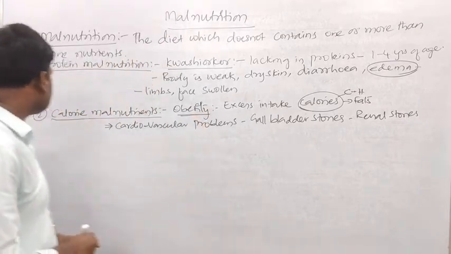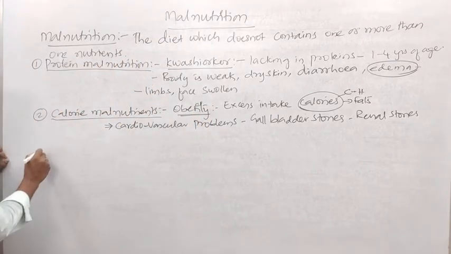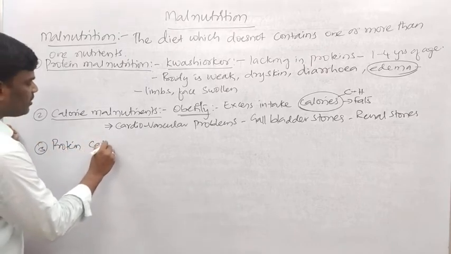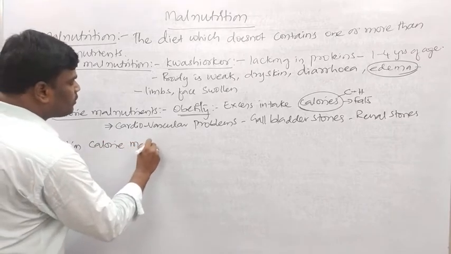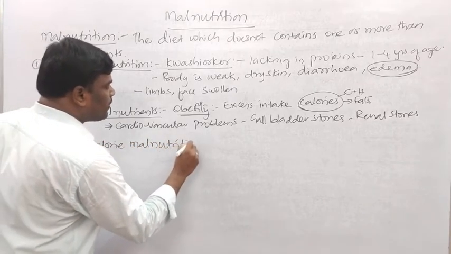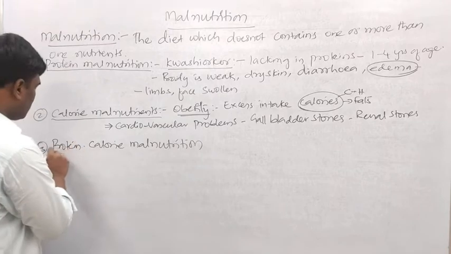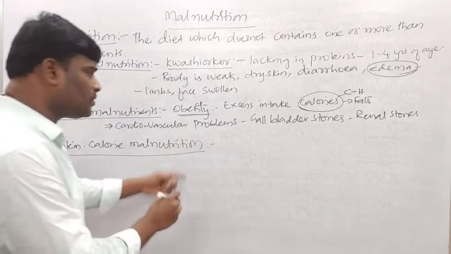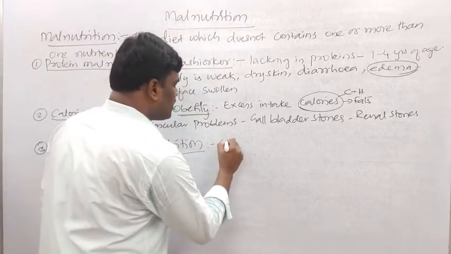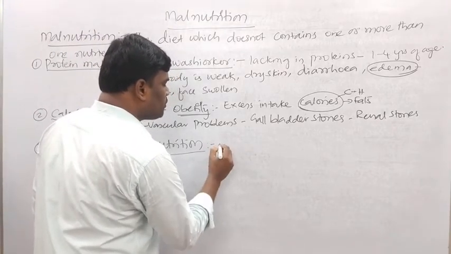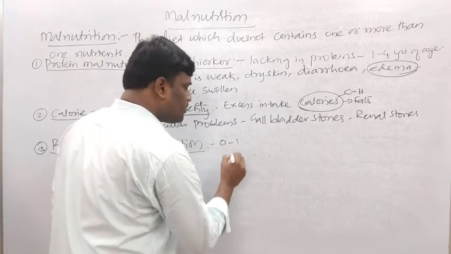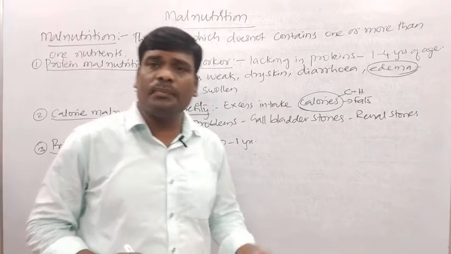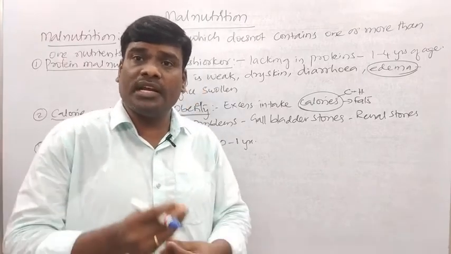Okay, and the third type of malnutrition is protein calorie malnutrition. So what does that mean, children, here? This is also usually seen in infants of 0 to 1 year age. This is because of what, children? Repeated immediate pregnancies.